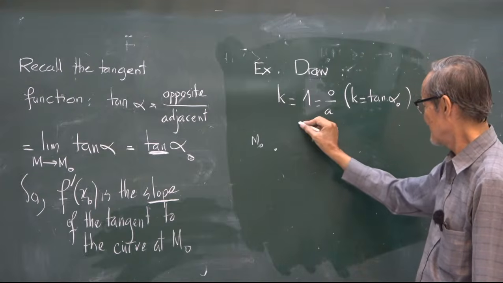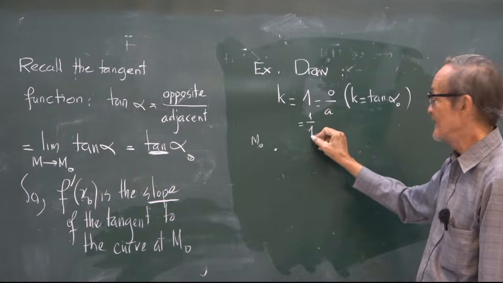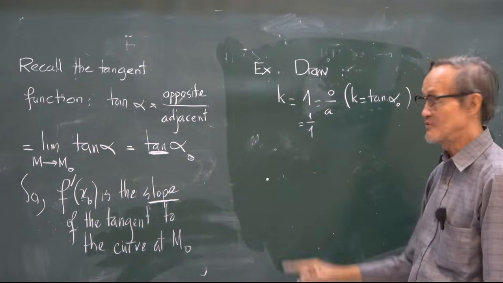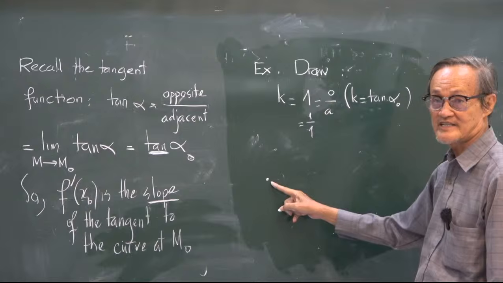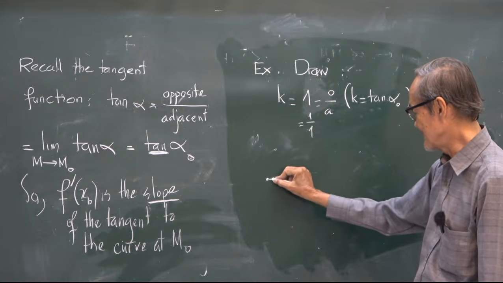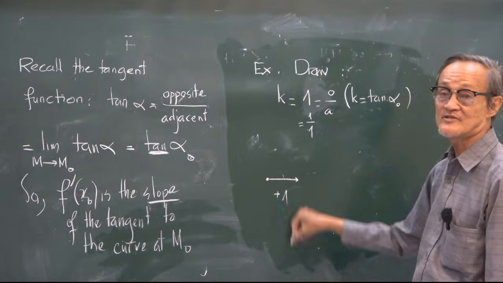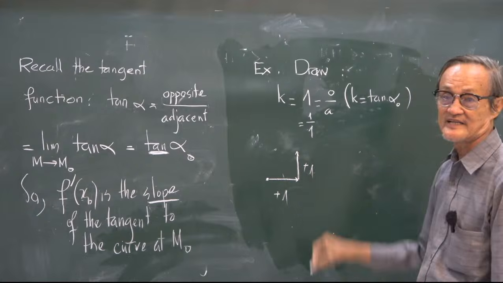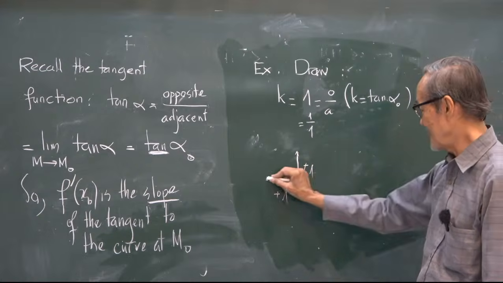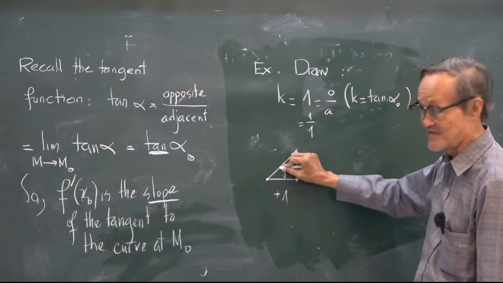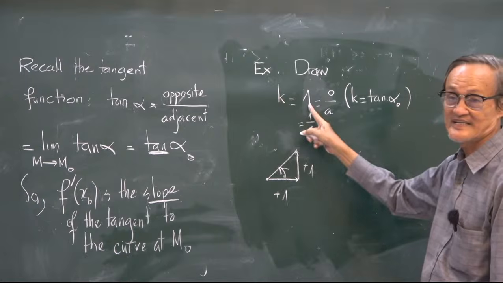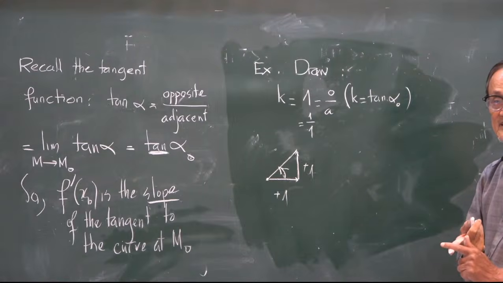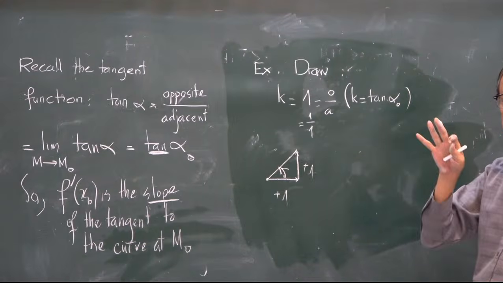Okay, 1 means 1 over 1, opposite 1, adjacent 1. We start with M0, origin point, 1 adjacent plus 1, and opposite plus 1. Okay, and we have the angle K1. Okay, K tangent equals opposite over adjacent.